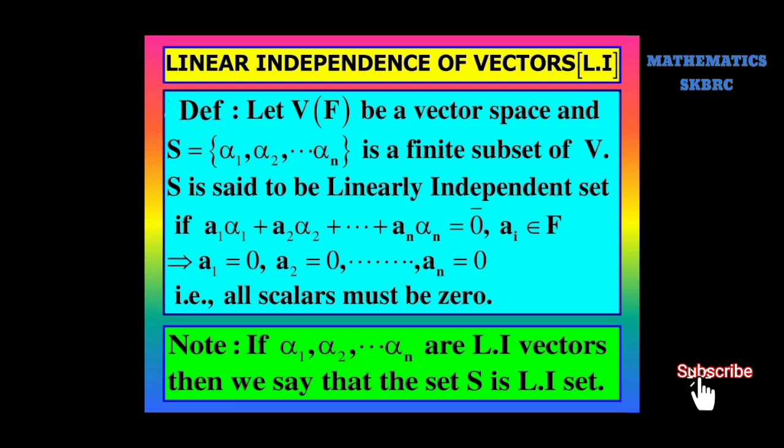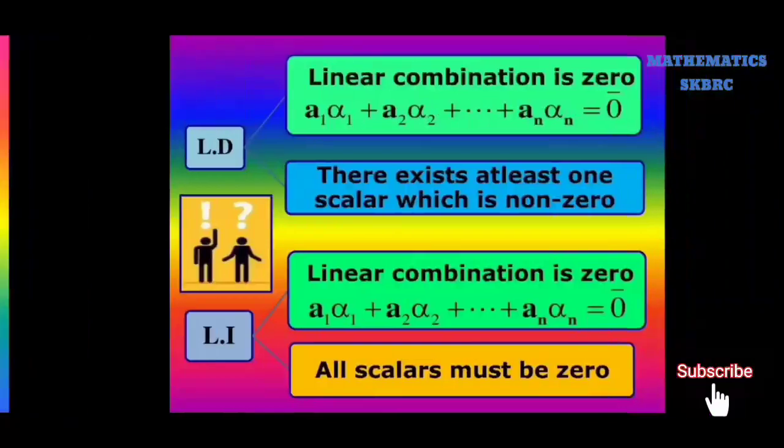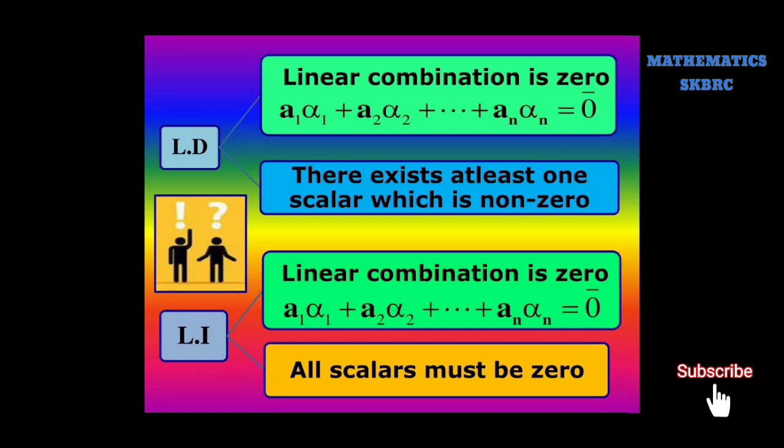If α1, α2, ..., αn are LI vectors, then we say that the set S is an LI set. What is the difference between LI vectors and LD vectors? In LI vectors and LD vectors, the first property is common. That is, the linear combination is 0: a1α1 + a2α2 + ... + anαn = 0 bar, where a1, a2, ..., an are scalars.